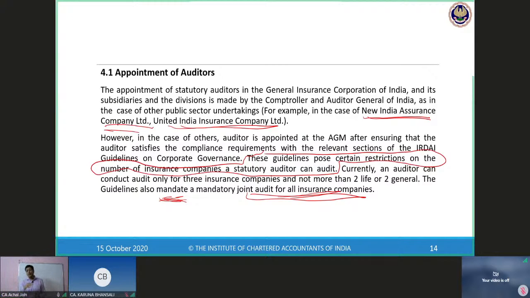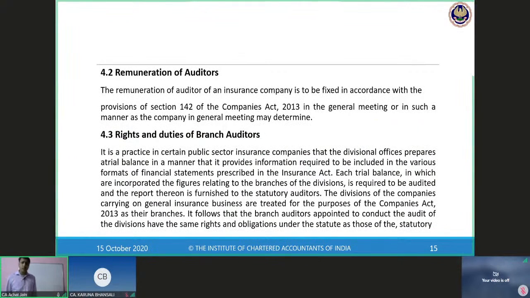And when we talk about joint auditors, it can be 2 audit firms, 1 partnership firm and 1 sole proprietor, or 2 partnership firms. It can be either way. 2 auditors will mean any audit firm or sole proprietor who is a practicing chartered accountant and who is eligible to act as the auditor.